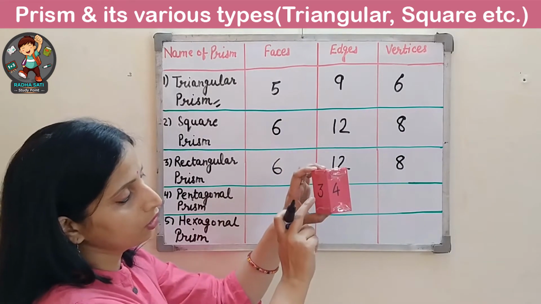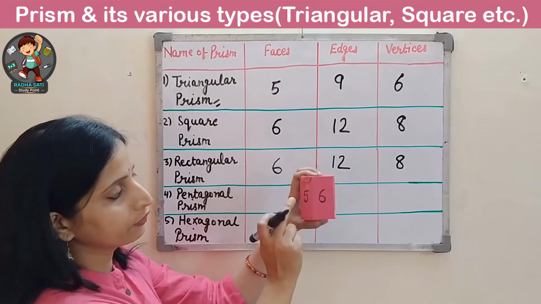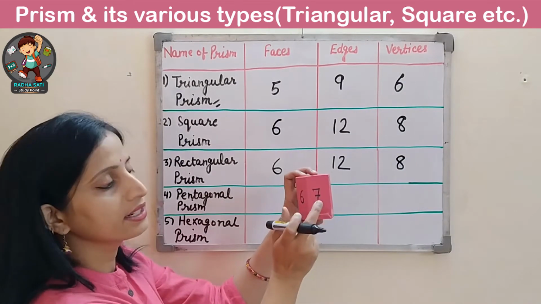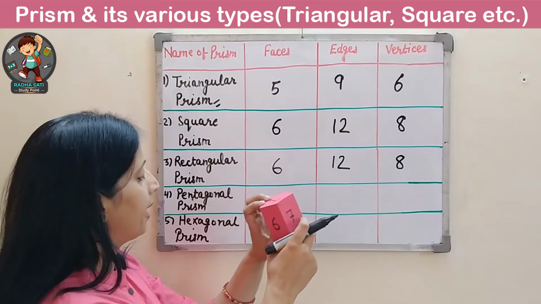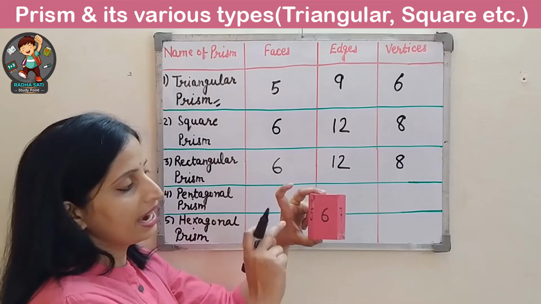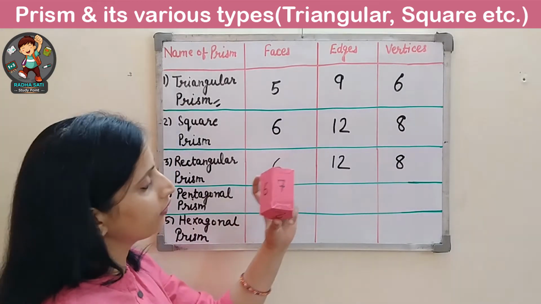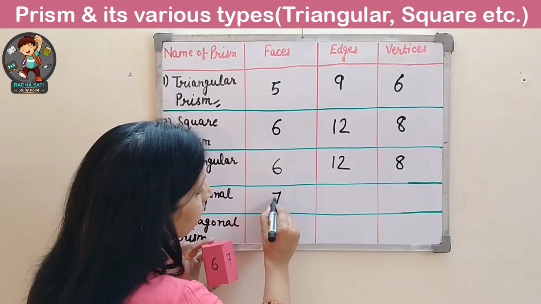So after 2, 3, 4, 5, 6 and 7. So a pentagonal prism has 2 pentagonal faces and the other 5 faces are rectangular in shape. So the total faces are 7.